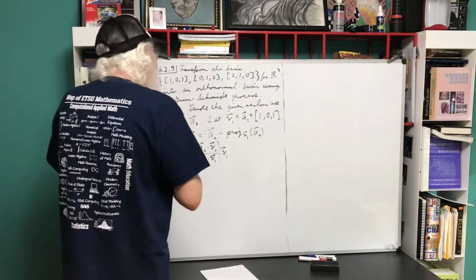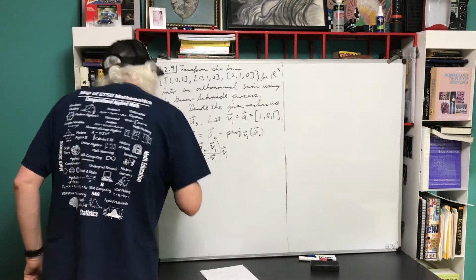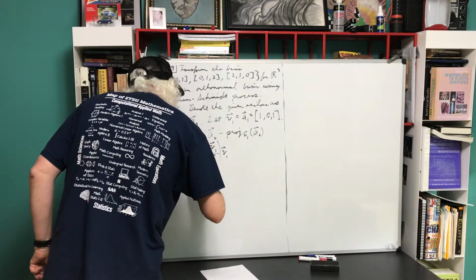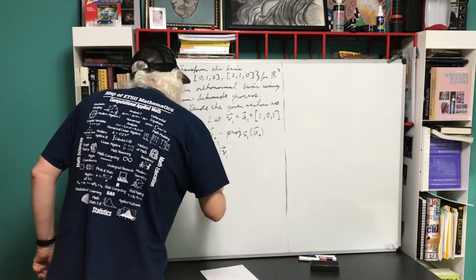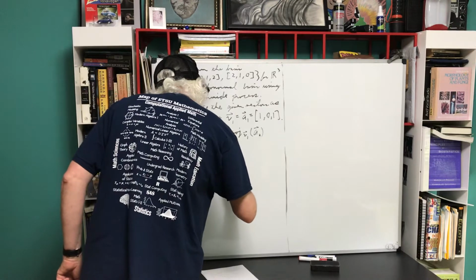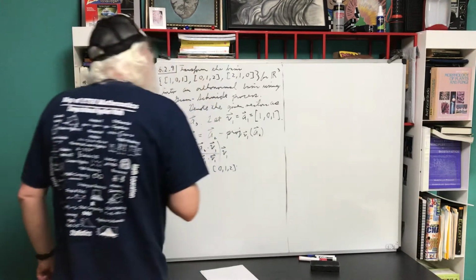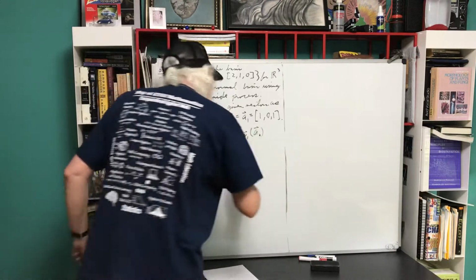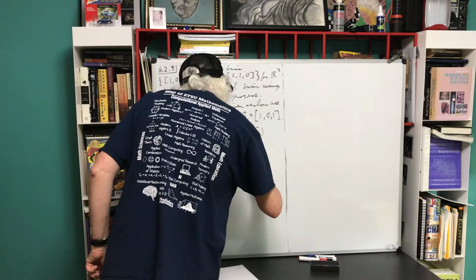Okay, with the numbers we have here, a sub 2 is this vector, 0, 1, 2. From that we'll subtract this dot product stuff, 0, 1, 2, dotted with vector v sub 1. V sub 1, here it is, 1, 0, 1.